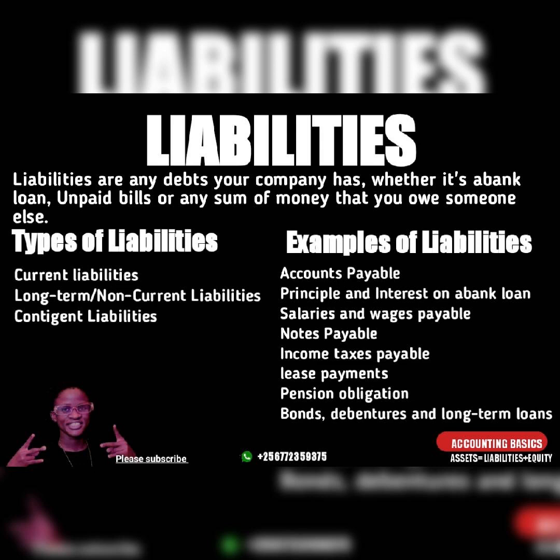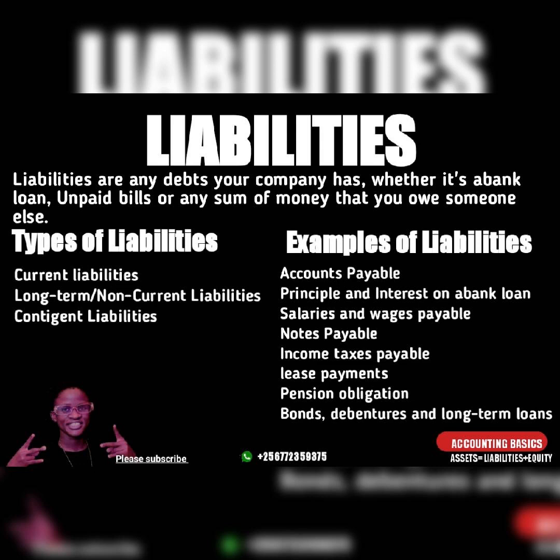Then we go on to look at long-term liabilities, or you can call them non-current liabilities. These are any obligations payable, loans, and any other liabilities that are due more than 12 months from now.